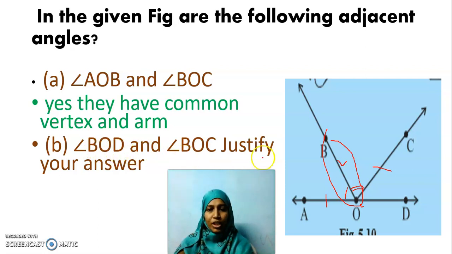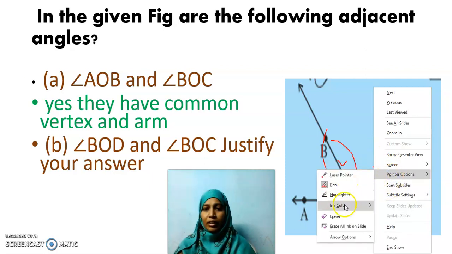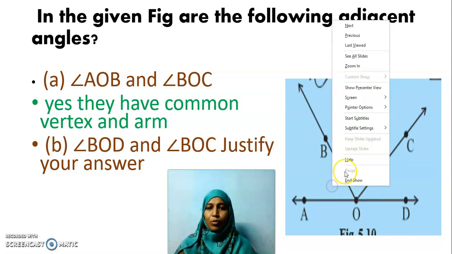Angle BOD. Let me clear all the things so that you will not have confusion if I talk about the next question now. Okay children, now mark the angles BOD and BOC.